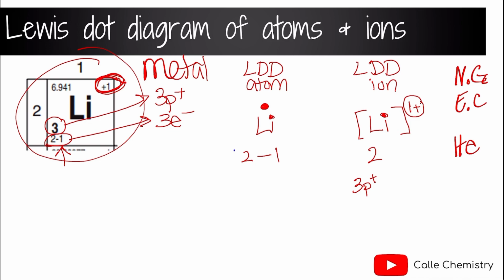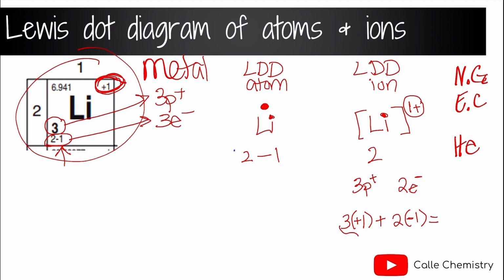It no longer has 3 electrons. It only has 2 electrons now because it lost 1. So now let's get the net charge of this doing a little bit of math. So it has 3 protons. Each proton has a charge of +1 plus 2 electrons, and each electron has a -1 charge.